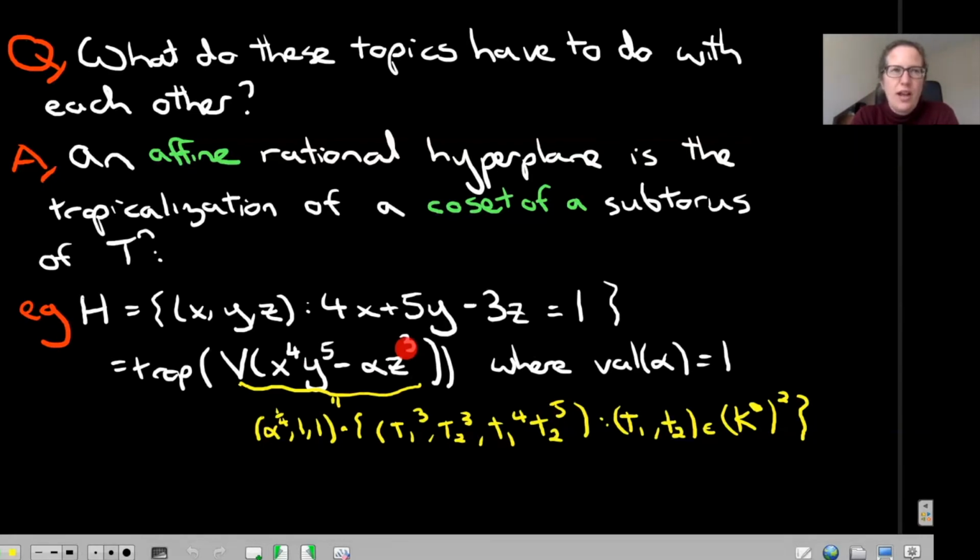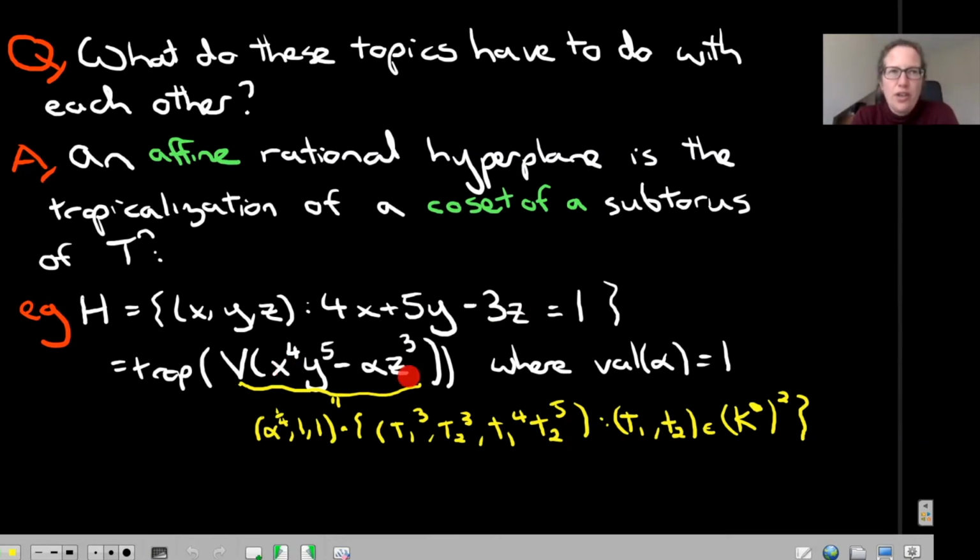Okay, if you tropicalize a binomial like this, you say, I need the valuation on the left to equal the valuation on the right. That's 4 times the valuation of x plus 5 times the valuation of y should equal the valuation of alpha plus 3 times the valuation of z. Okay, so 4x plus 5y equals 3z plus 1.